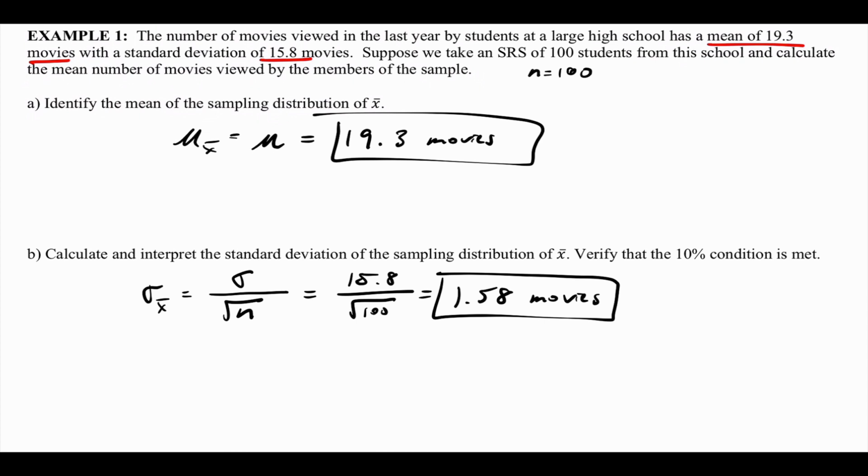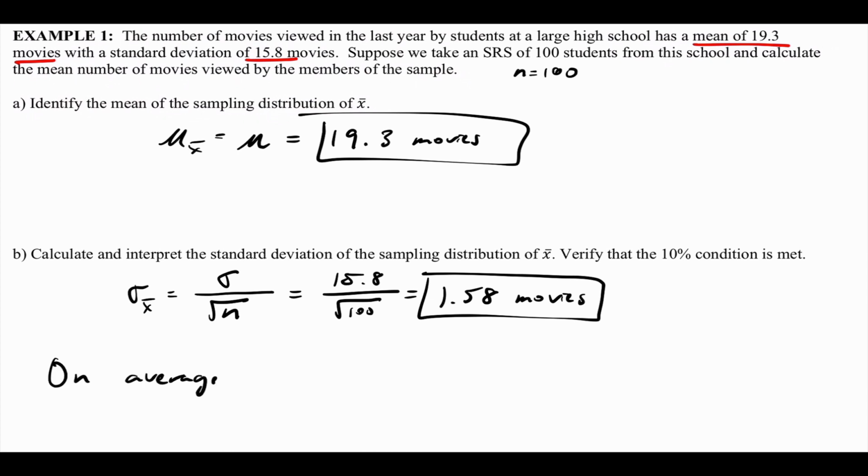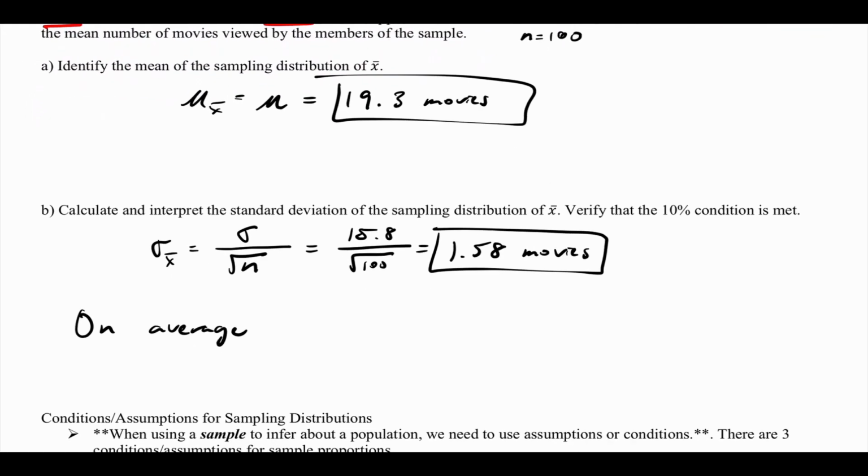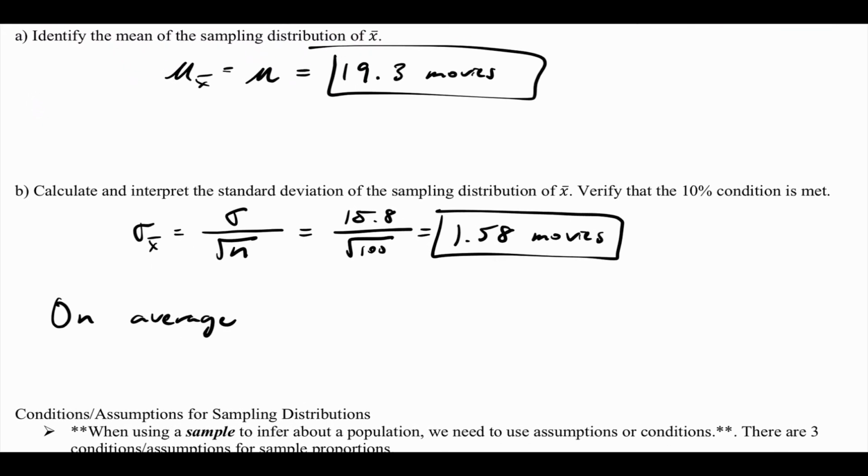Interpret. Well, on average, the sample mean is 19.3 movies.